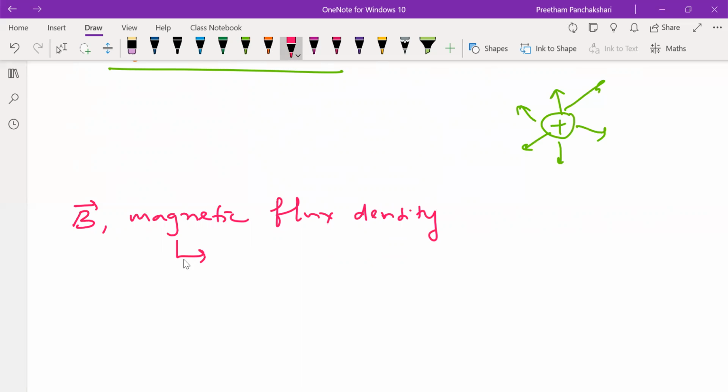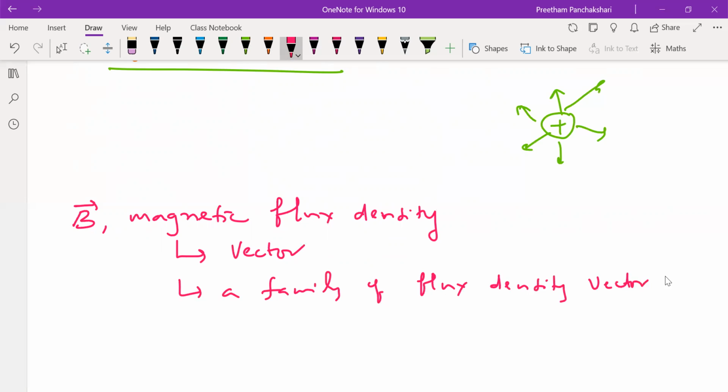As already indicated, it's a vector and it belongs to a family of flux density vector fields. So magnetic flux density and electric flux density all belong to the family of flux density vector fields.